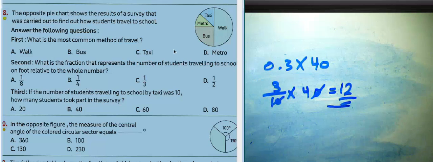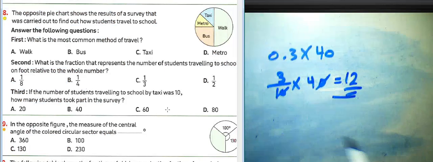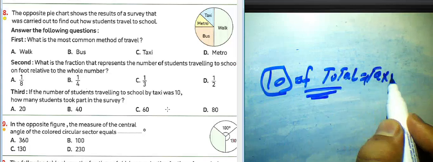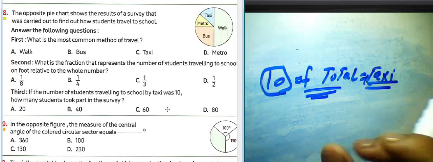Okay, we have here 10 students who go by taxi. He asked what? The number of students traveling to school by taxi was 10. How many students took part in the survey?